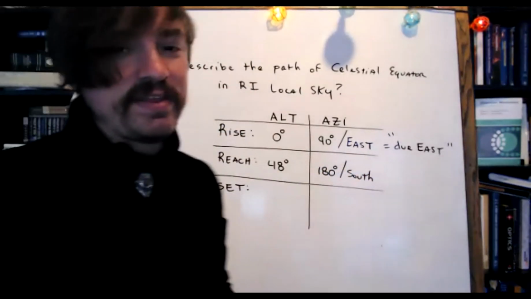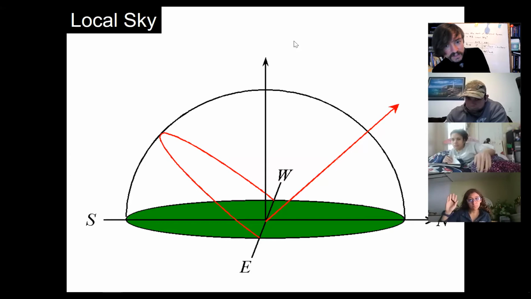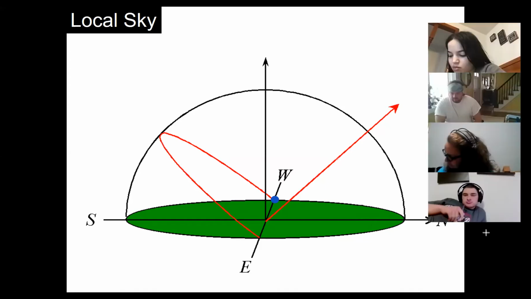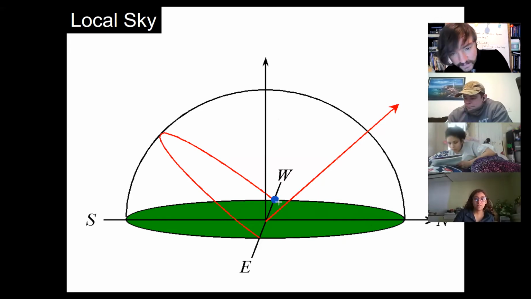Okay, now try the set point. Who's getting this here? The set point, of course, is here. Okay, Jenna, because we're crushed for time, why don't you tell us? Okay, the set point altitude is 0 degrees. Good, because it's on the horizon.